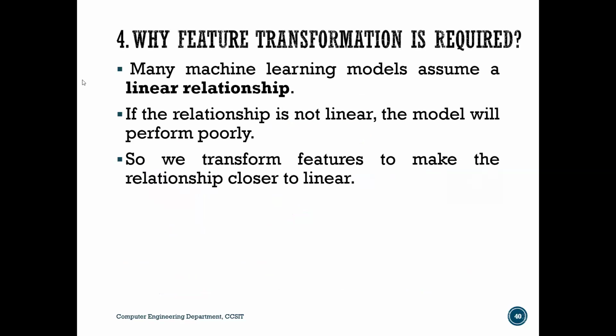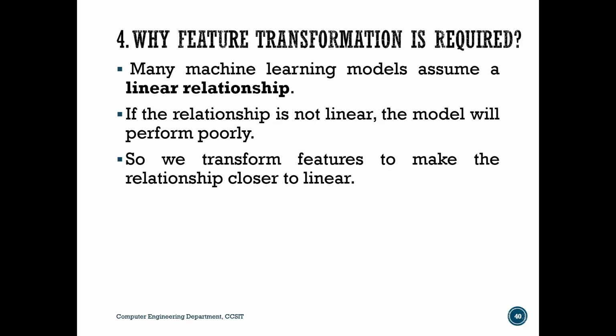Now the next: why is feature transformation required? We have done scaling, we learned the techniques, and we have seen the encoding techniques. So now, feature transformation. Why is transformation required? Many machine learning models assume a linear relationship.